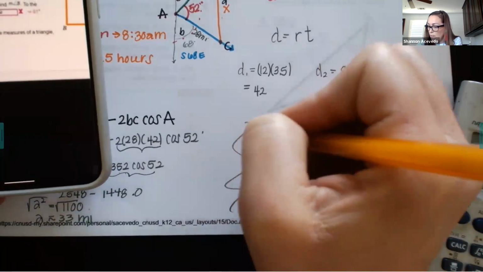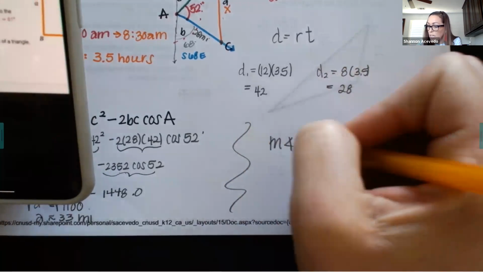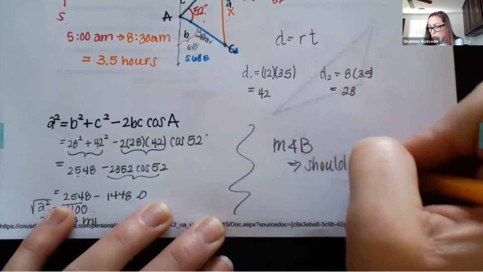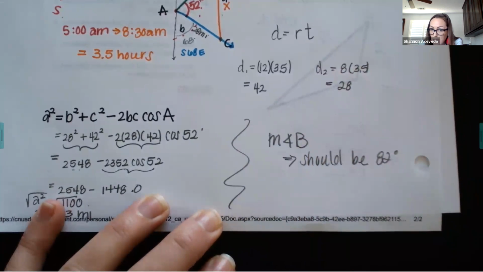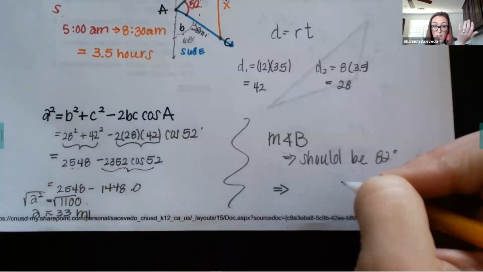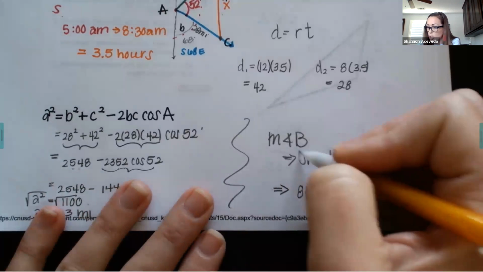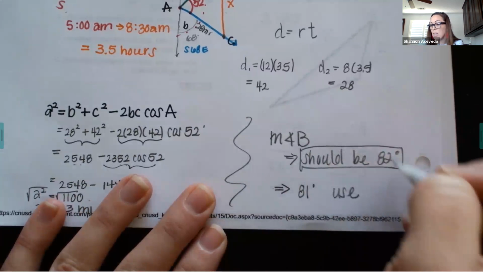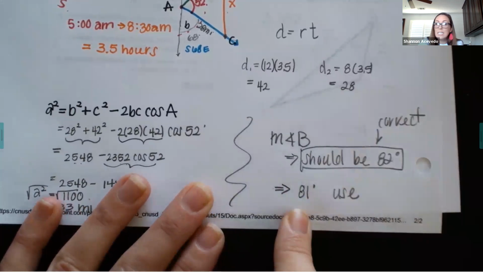It says for angle B, round, and your answer should be 82 degrees, but the answer that they actually have is 81 degrees. It's not really correct, it's just what they have. So it should be this, but don't type that in. You want to use this. This is the correct answer, but they did not round it correctly.